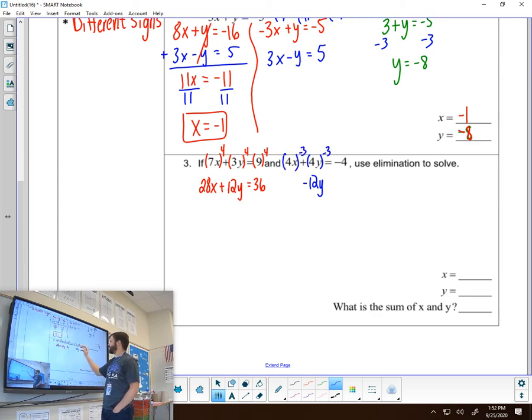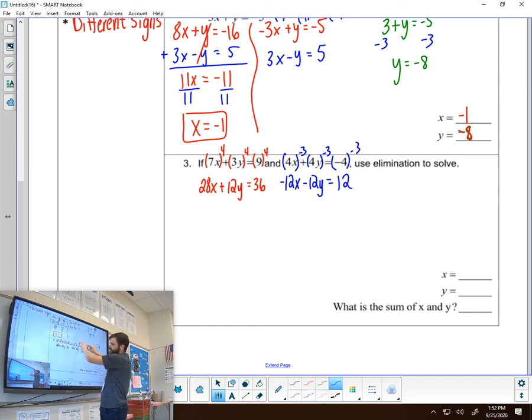I need to multiply this by a negative 3 and this by a negative 3. So we're going to get 4x times negative 3 is a negative 12x. And negative 4 times negative 3 is a positive 12. So then, I have lined it up. We have a positive 12y, we have a negative 12y, we have x, y, my whole number.